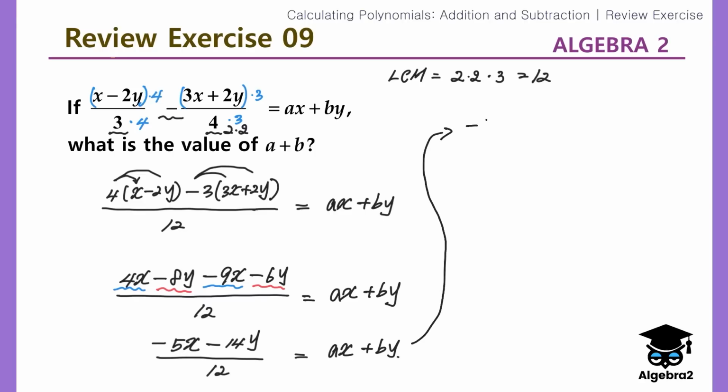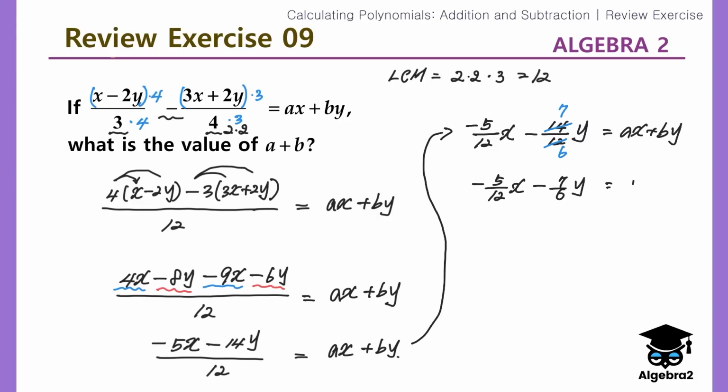We have negative 5 over 12 x minus 14 over 12 y is equal to ax plus by, right? So we have 12 and 14. 2 times 6 is 12, 2 times 7 is 14, right? So we have minus 5 over 12 x minus 7 over 6 y is equal to ax plus by.